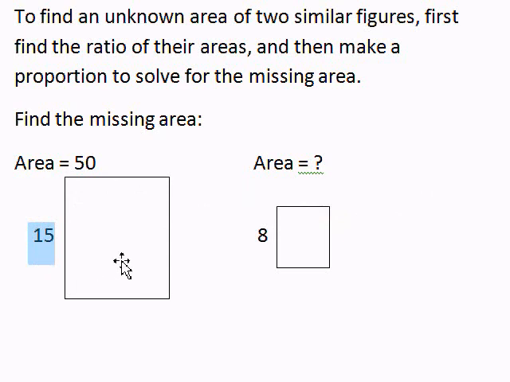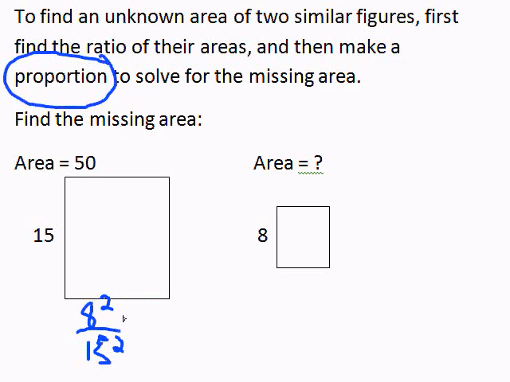So the ratio of these two figures' areas is going to be 8 squared, I'm going to go small to big, over 15 squared. Now, I'm choosing to use a fraction this time instead of a colon because in a moment we're going to write a proportion, and proportions usually indicate we're going to have fractions. So 8 squared over 15 squared is going to be 64 over 225.